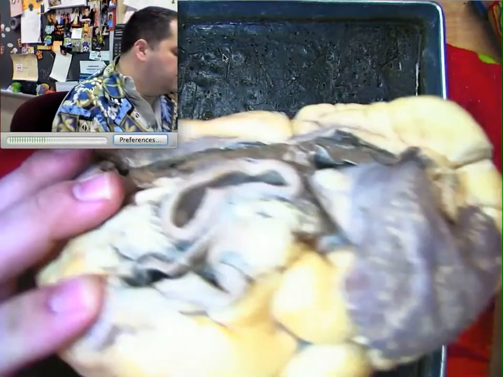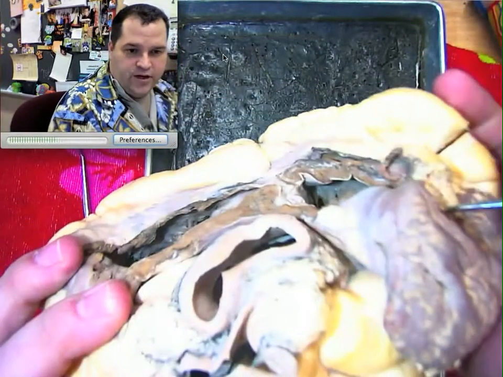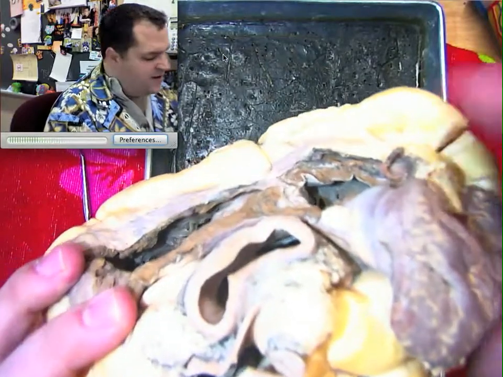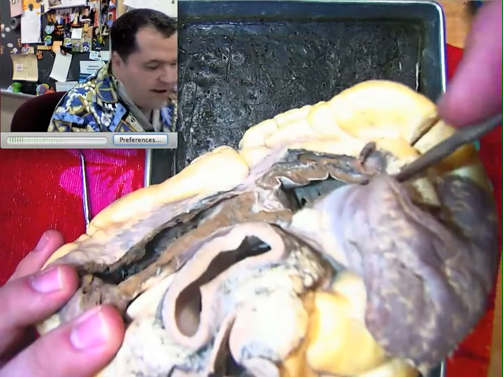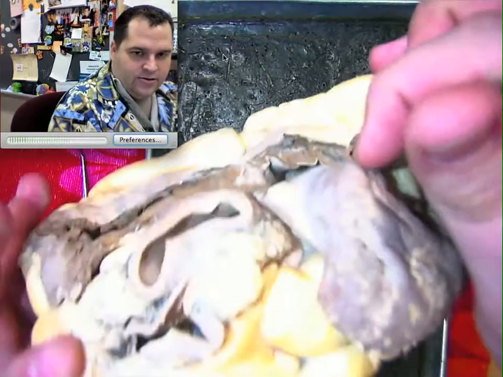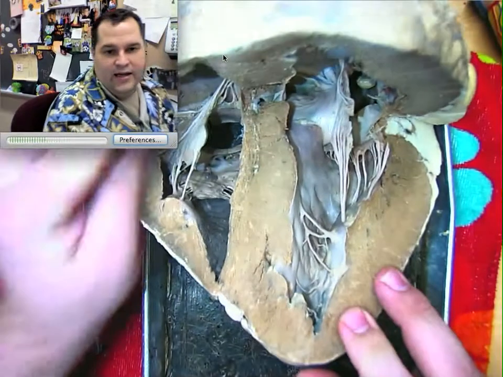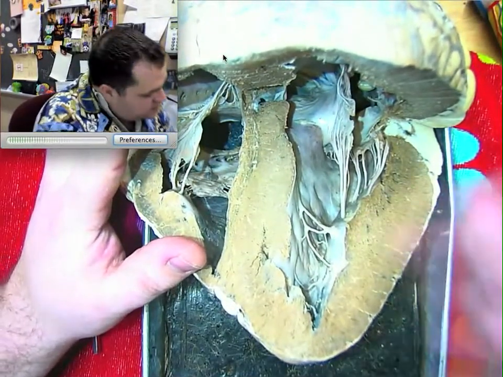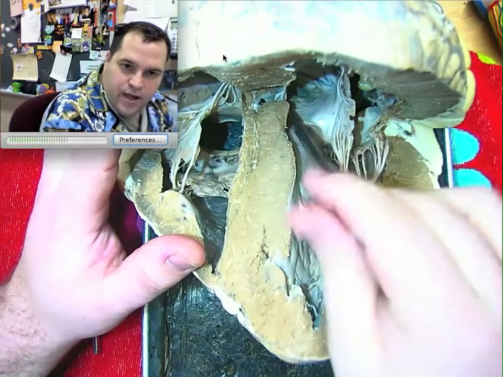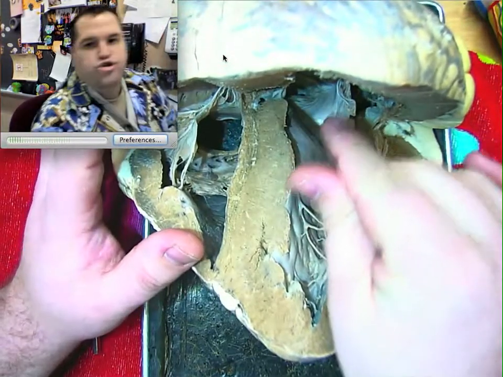Now this blood is destined for the lungs. It picks up oxygen, comes back to the left atrium through the pulmonary vein. Again, the atria are kind of hacked away a little bit here, but that's okay. Then it comes back in to the left atrium and of course finds itself in the left ventricle. From the left ventricle, that's going to contract and send blood out this vessel to the rest of the body.